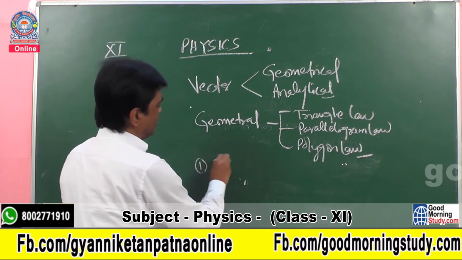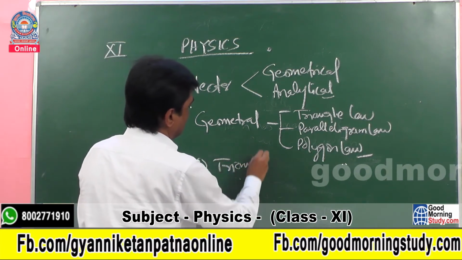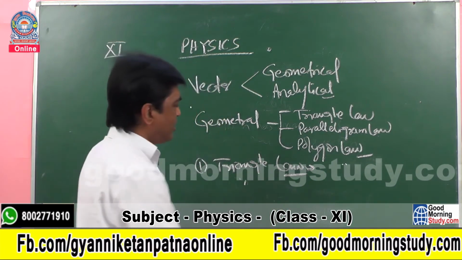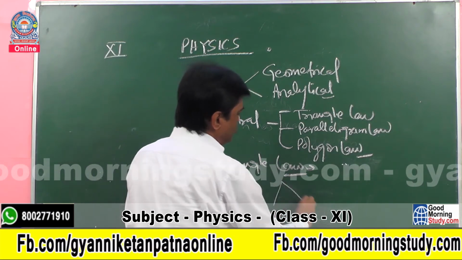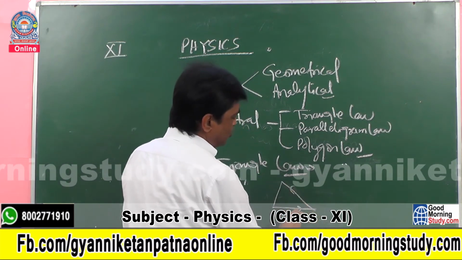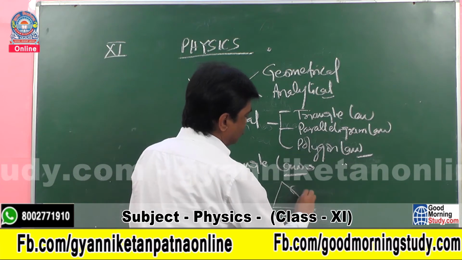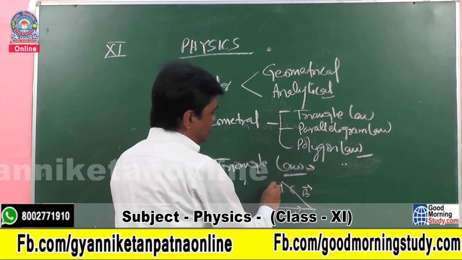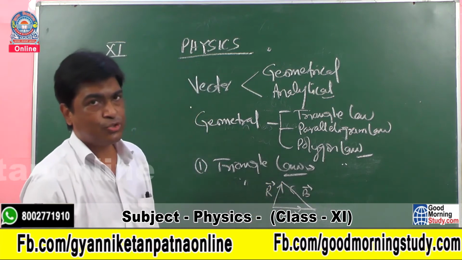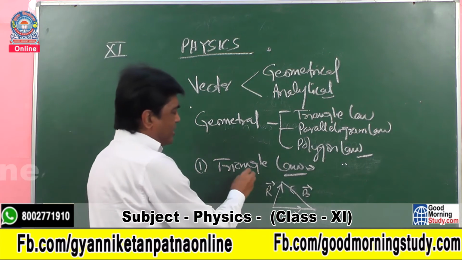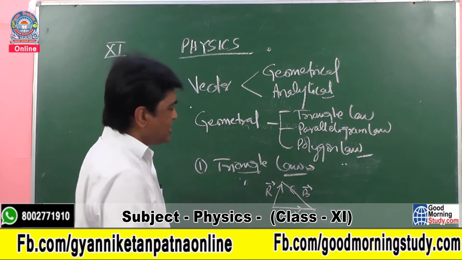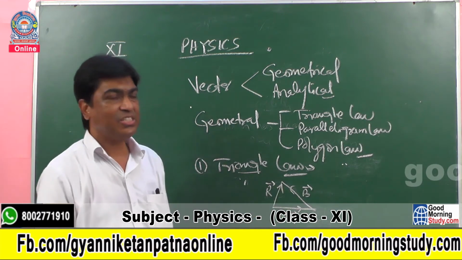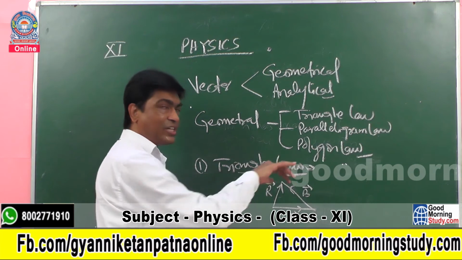What is triangle law? In triangle law, a triangle must be there. Triangle law says that if two sides of a triangle are represented by two vectors taken in same order, then the third side in opposite order will give you the resultant of these two vectors. The two vectors are taken in same order, either clockwise or anti-clockwise.